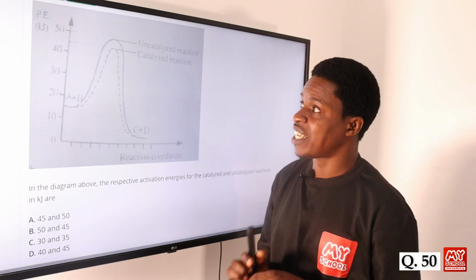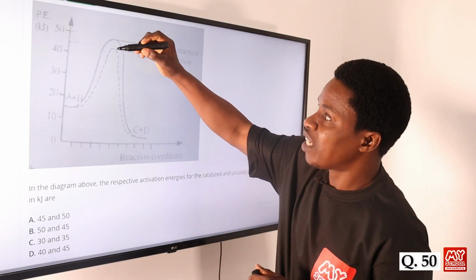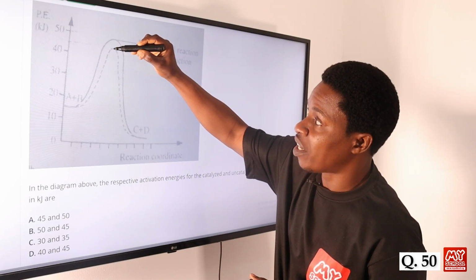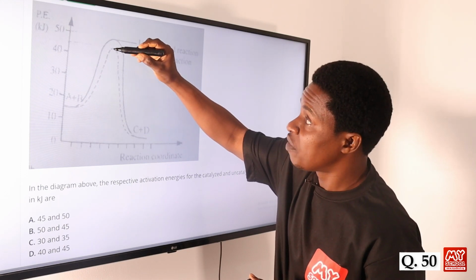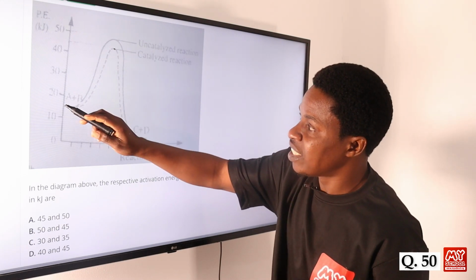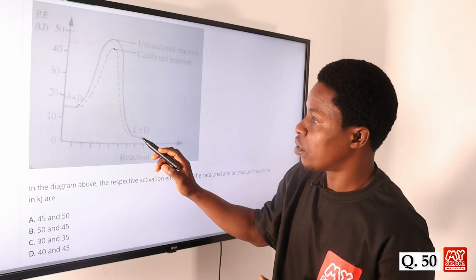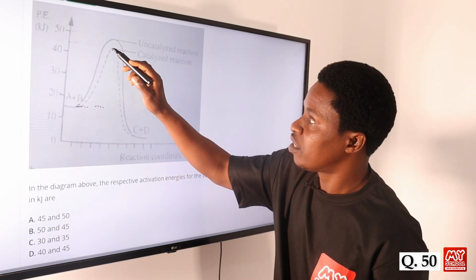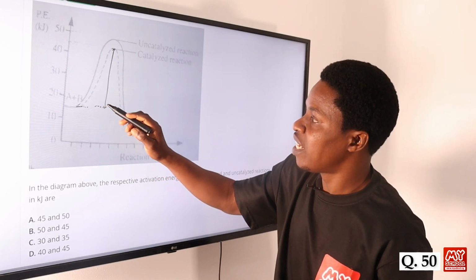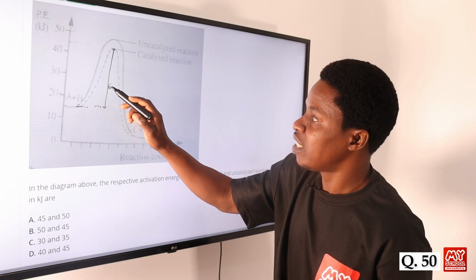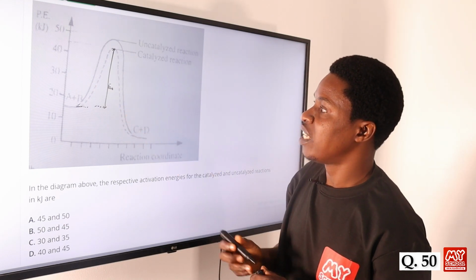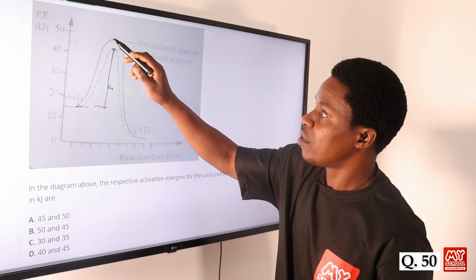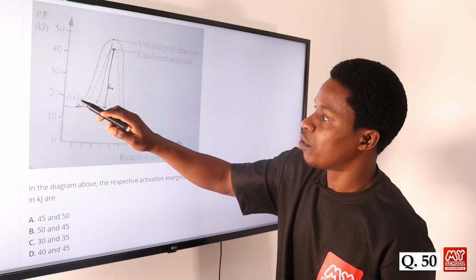So in other words, to find activation energy, we are looking at the difference between the transition state, this point here, and the energy of the reactant, not the product, reactant. So from here to here is the activation energy. Usually we write EA. Activation energy for the catalyzed, and then for the uncatalyzed, we have it from here moving this way, still at the reactant energy.